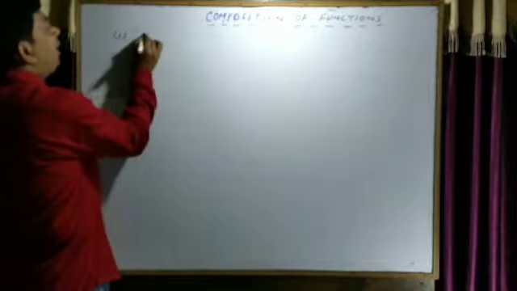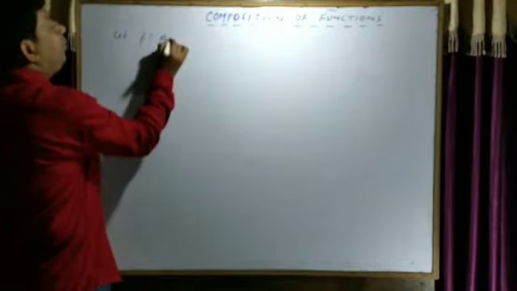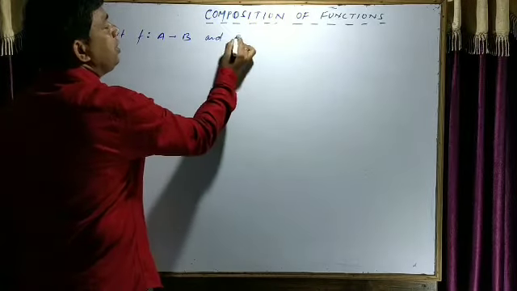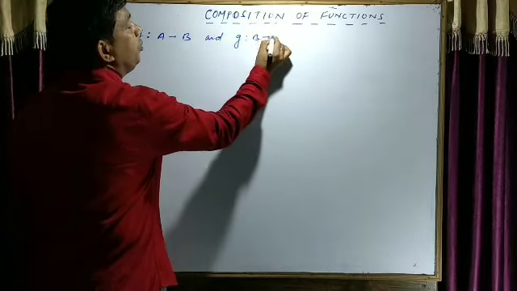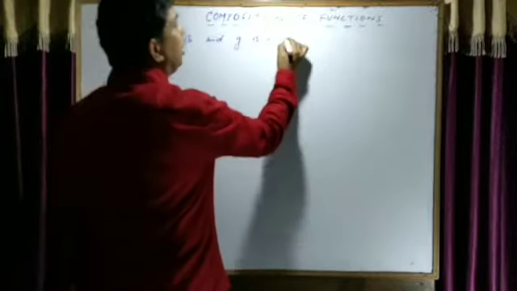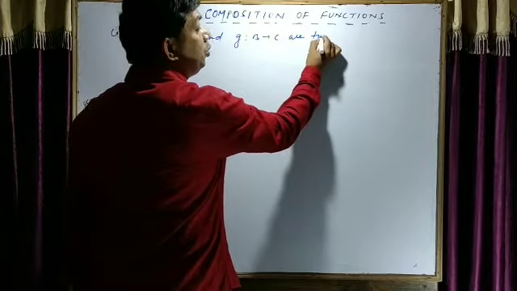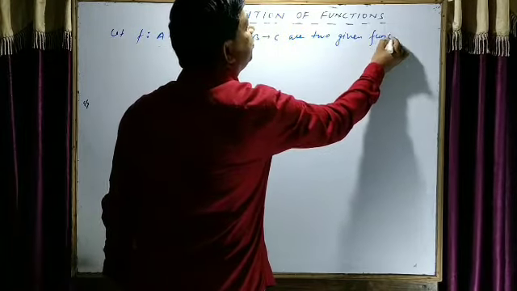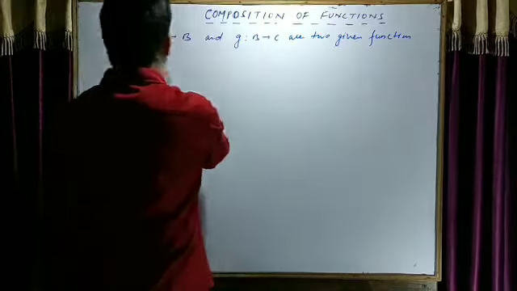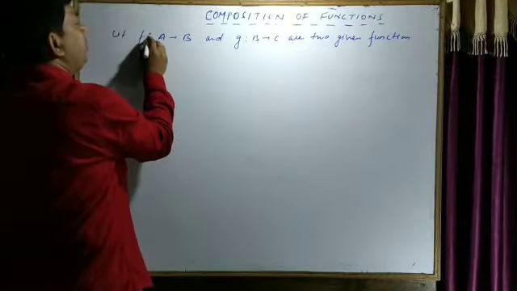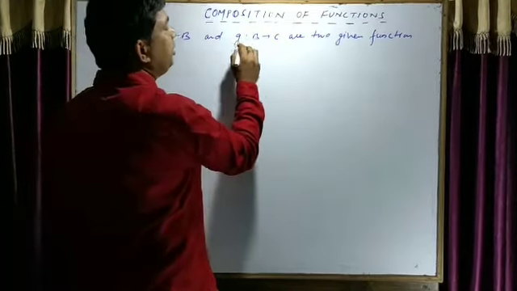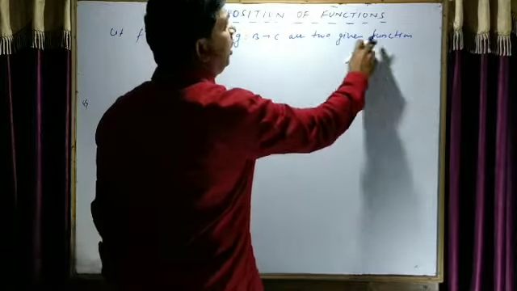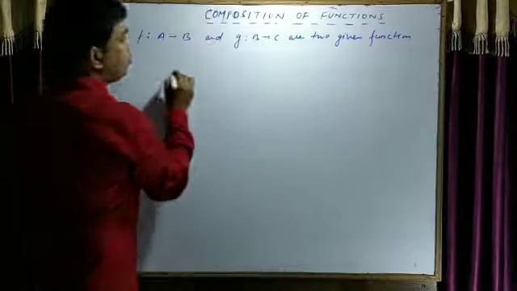Suppose f is a function from A to B and g is a function from B to C. Here f is one function which is from A to B, and another function is g which is from B to C. These are two given functions.